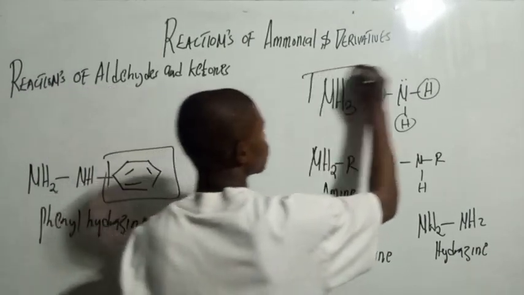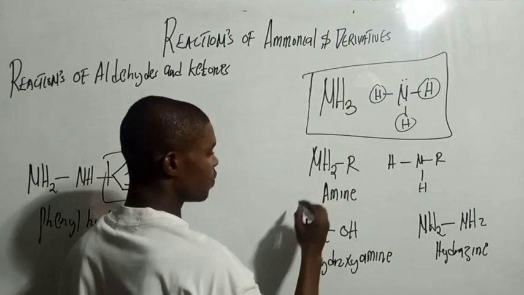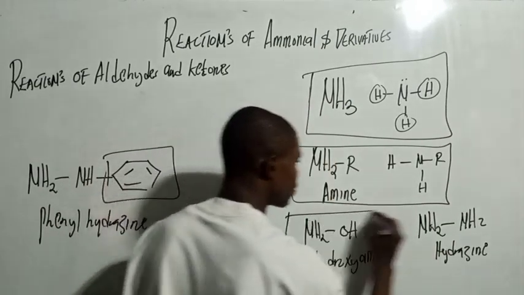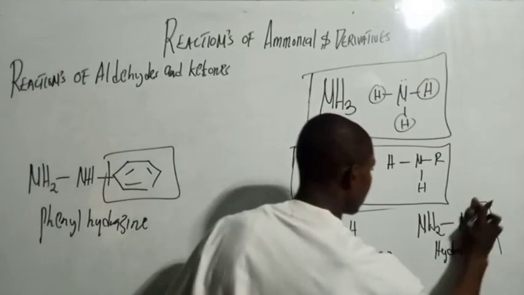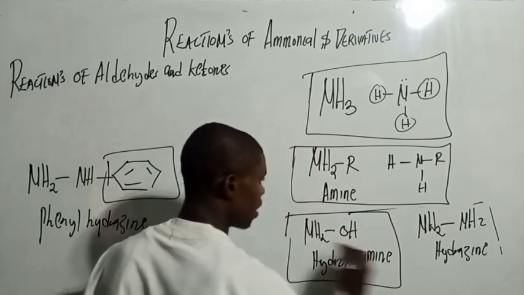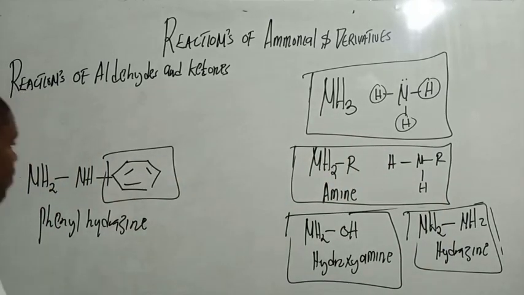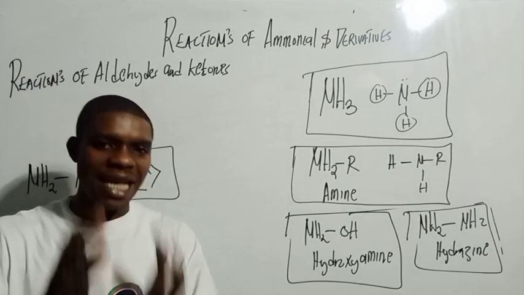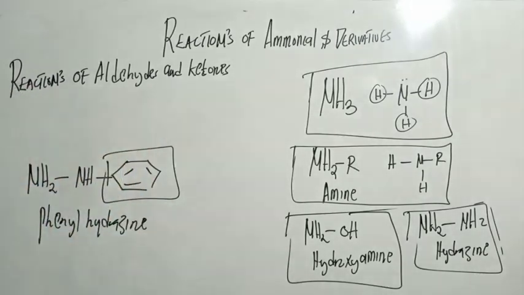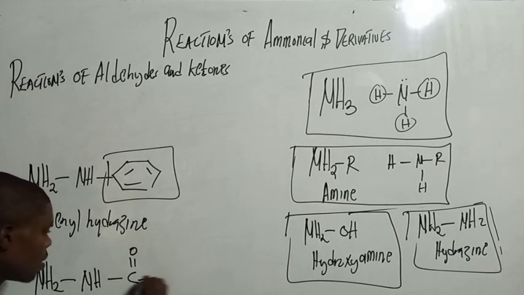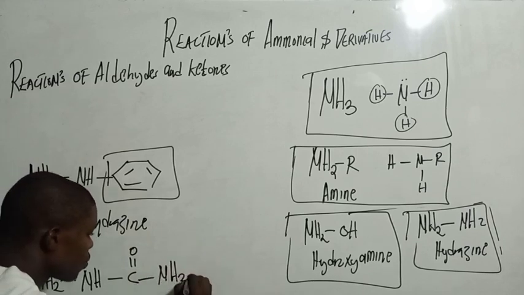Here we have the first one. Here we have the second one. Here we have the third. Here we have this one, and here we have this one. It's very, very important here. So if for example we remove this one here and replace it with an amine functional group, here we have NH2-NH-C-NH2.